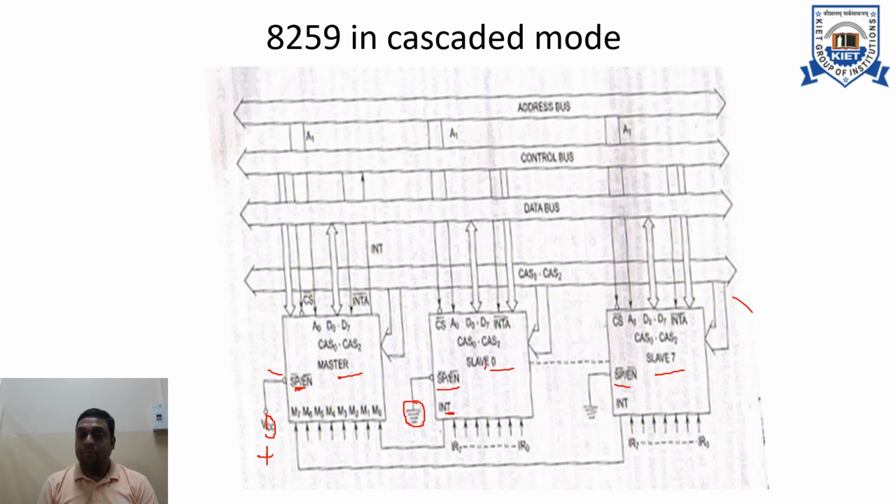Similarly, multiple slaves are there. The last slave, slave 7, is connected with IR7. So they are connected with IR0, IR1, 2, 3 up to IR7. Now this is a master and each slave is accepting 8 interrupts, and we have 8 slaves, each accepting 8 interrupts, so in total we are handling 64 interrupts in the cascading mode of 8259.